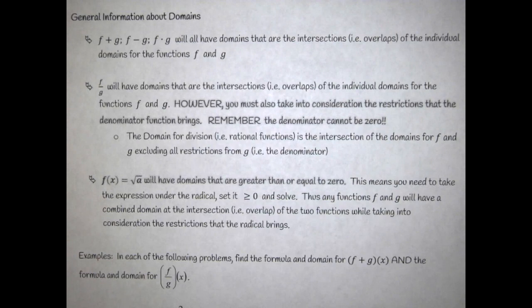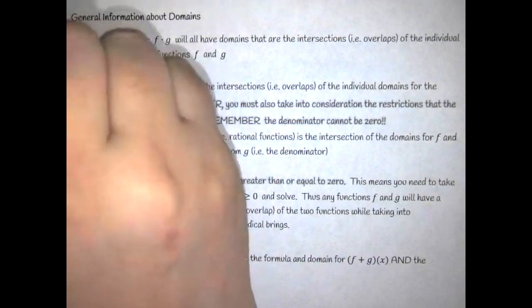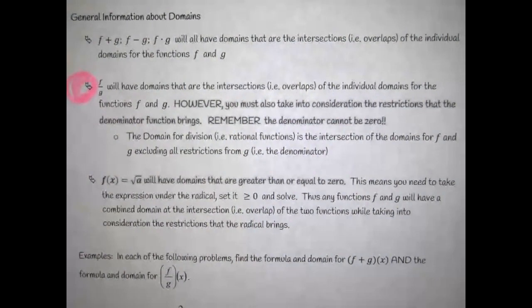So f plus g, f minus g, and f times g, when you combine them, will have the exact same overlapping domain. The domain that's going to differ is this one here, which is f divided by g, or g divided by f, depending.